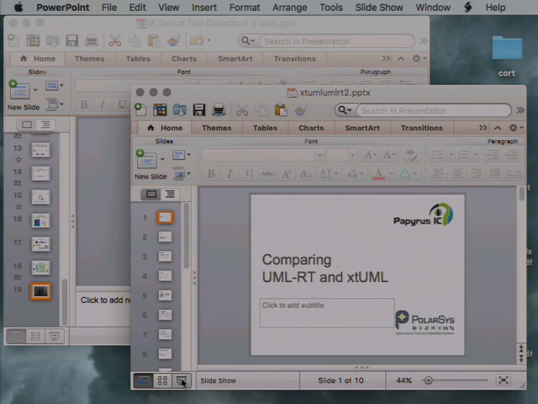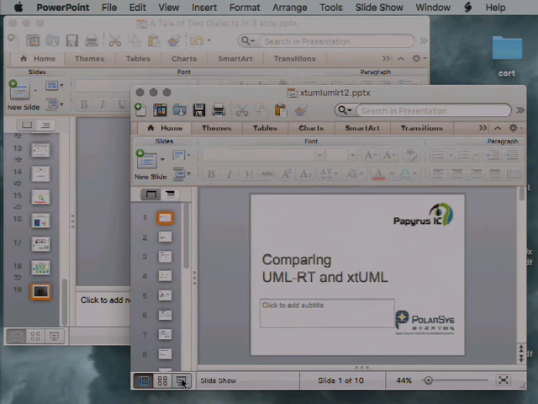There was a presentation at the Models Conference that was in Saint-Malo, France, about 3 weeks ago, and it talked about levels of executability. Being able to execute at the code generation, compiled level is the level of execution that is shared between UML RT and xtUML.